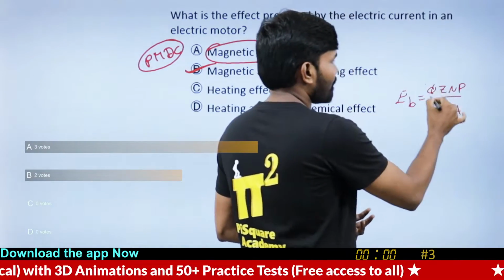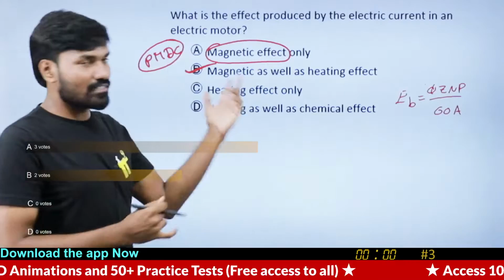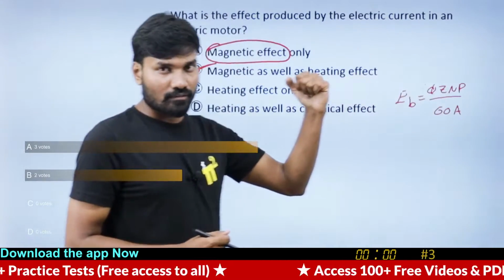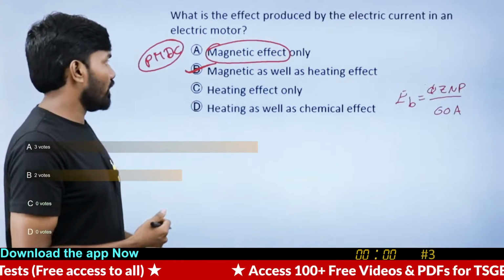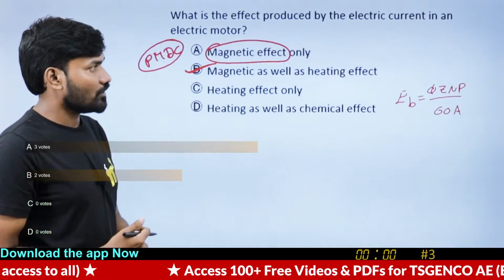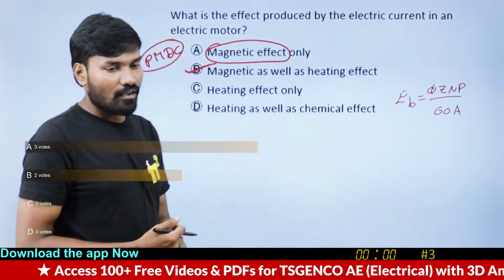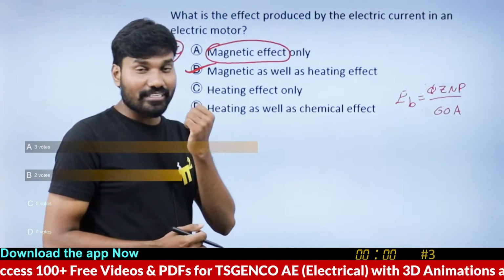So this phi is from the permanent magnet itself. From the permanent magnet itself, we are getting phi. So, I mean, why? Armature reaction.